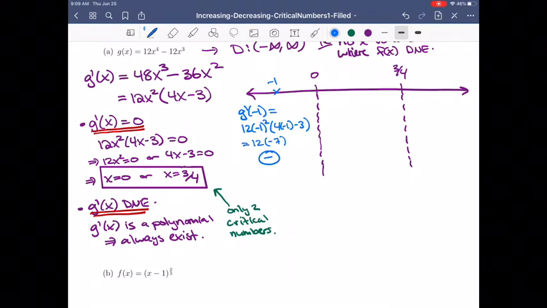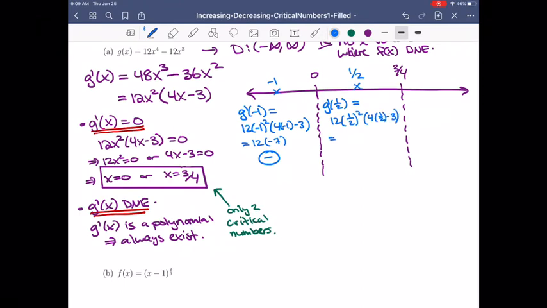Now I want to do the same thing in the next interval, but I want to pick something between 0 and 3/4. So maybe 1/2 might be a good number. So g prime of 1/2 is going to be 12 times 1/2 squared times 4 times 1/2 minus 3.